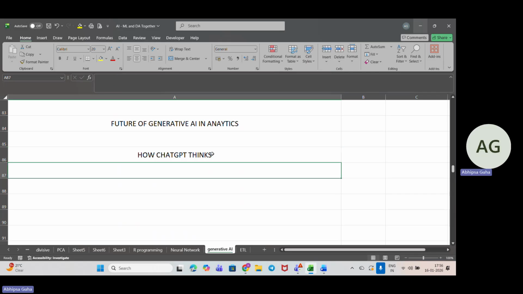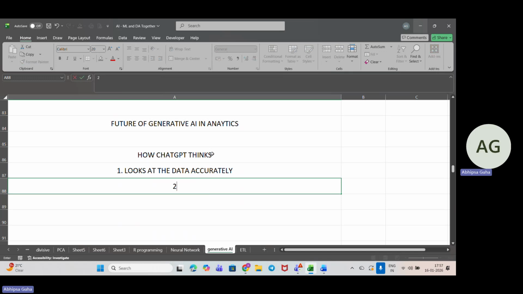Okay, so the very first point is that it looks at the data accurately. Next, it understands what each column means.